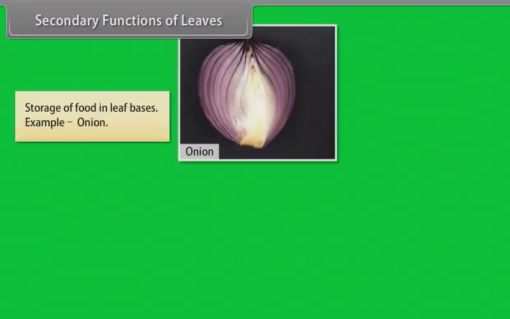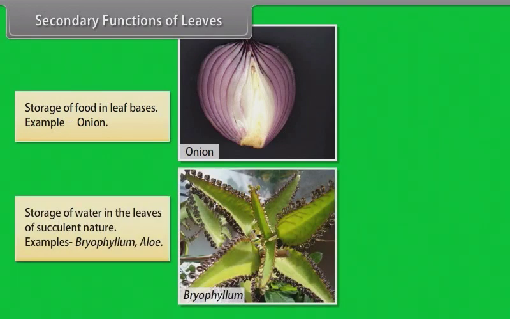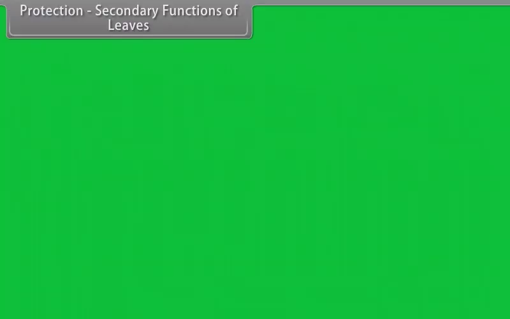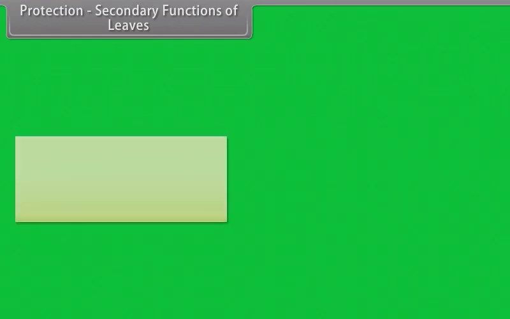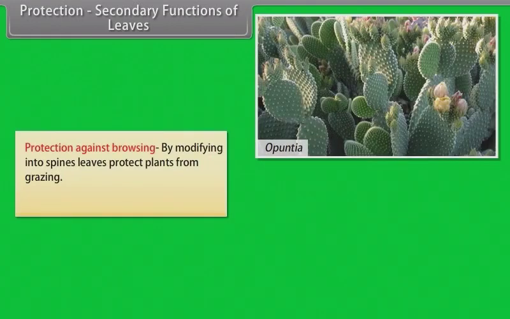Secondary functions of leaves. The storage of food in leaf bases. Example: onion. The storage of water in the leaves of succulent nature. Example: Bryophyllum, aloe. Protection. Protection against browsing.